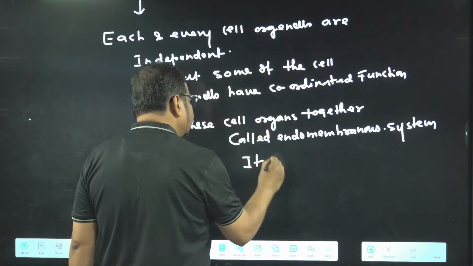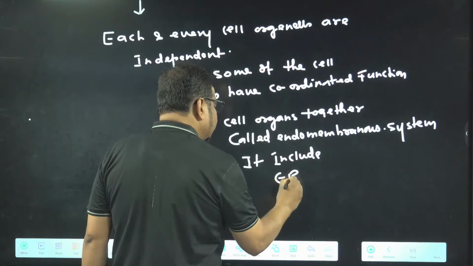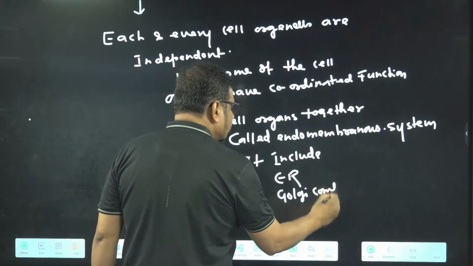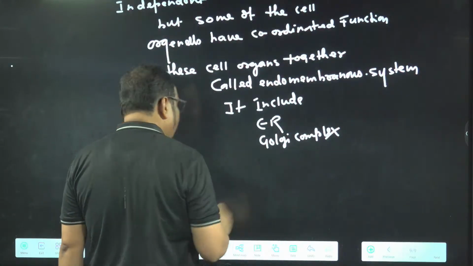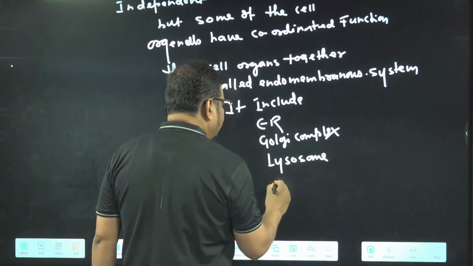It includes endoplasmic reticulum, Golgi complex, lysosome, and vacuole.